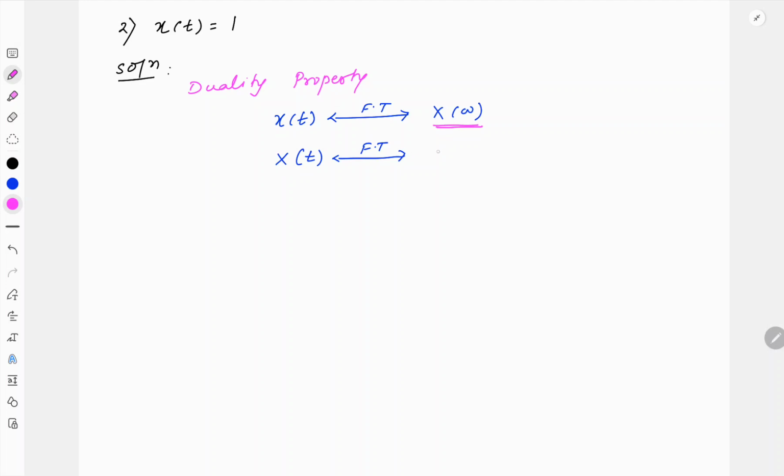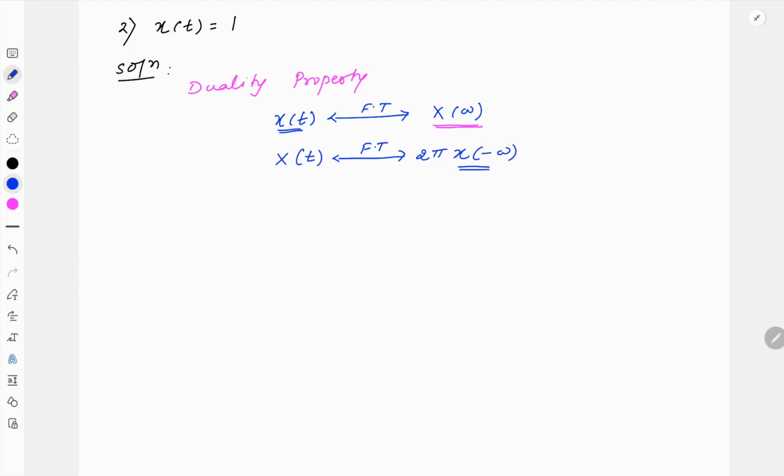Then its Fourier transform will be 2 pi small x of minus omega. So in this case, we have to replace t with minus omega. We have to make use of this property in this example.